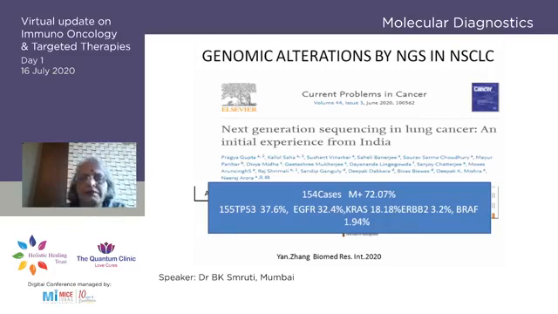So you can see that by using these panels, instead of doing sequential testing, you can get the results in one shot, and in a much shorter time than you would expect by doing sequential testing. Next slide.